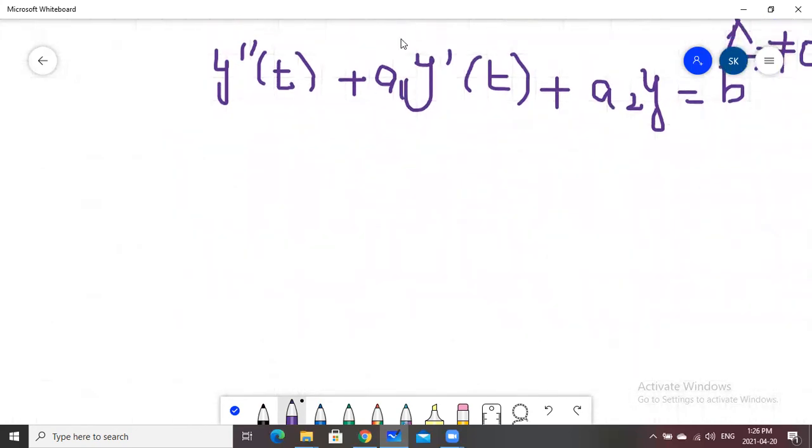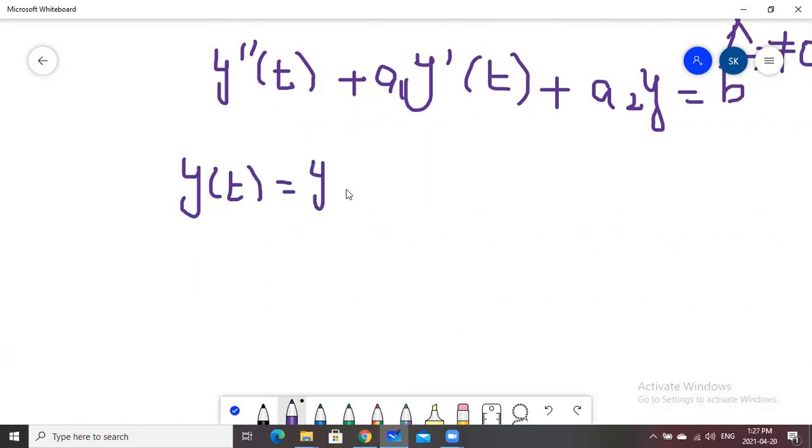Therefore, we are concerned with the non-homogeneous case in which the solution of the equation yt is yc plus yp. We know that when we were studying the non-homogeneous case earlier as well, we found that yt is equal to yc plus yp. What was yc?